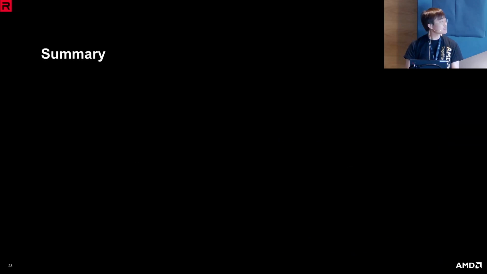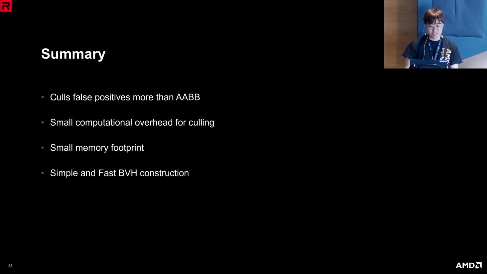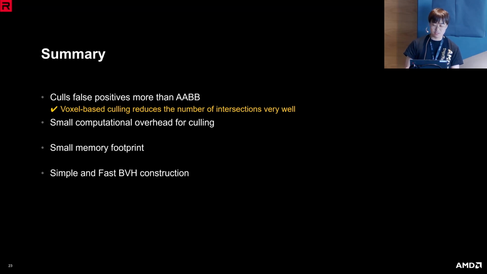So as a summary of our research, let me restate our goals. First, cover false positives better than AABB. Our voxel-based culling reduces the number of intersections very well. Second, small computational overhead for culling.